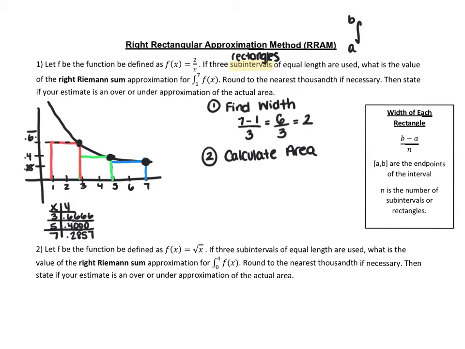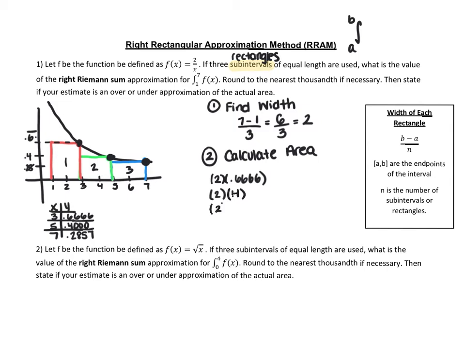So the area of the first rectangle, we'll label this 1, 2, and 3. The width is 2, and my height over here is 0.6 repeated. So let's go at least 4 decimals. And then we're going to do the second rectangle. So my width is 2. My height now is 0.4.